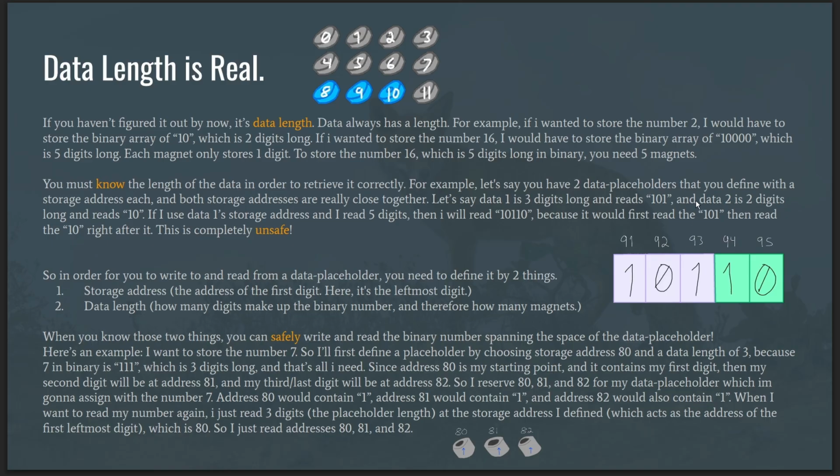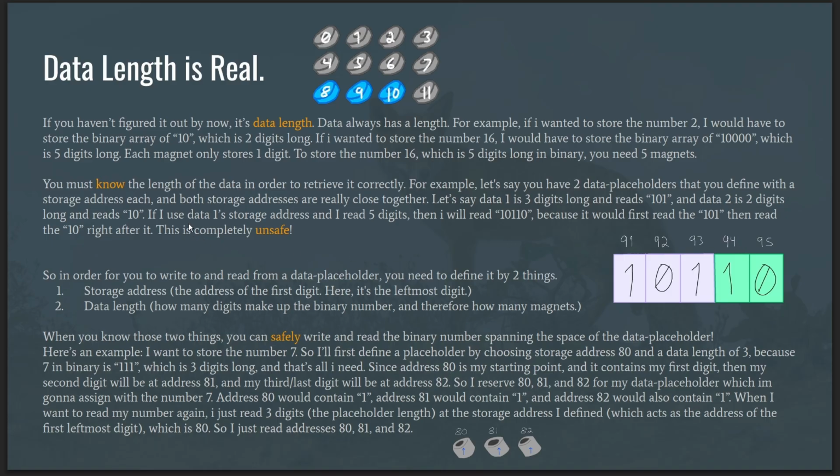And if data 2 is 2 digits long and reads 10, if it's next to it, it would look like this. So immediately after the last digit of data 1, we have the first digit of data 2. So data 1, data 1, data 1, data 2, data 2. So here's one array of numbers, here's a second array of numbers, right next to each other.